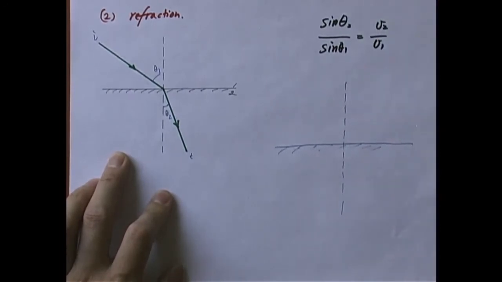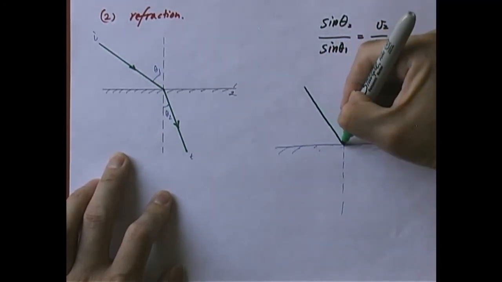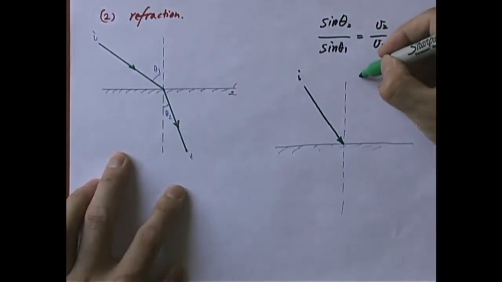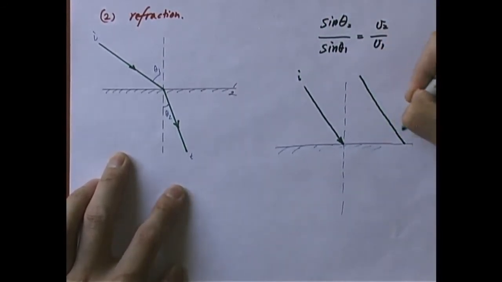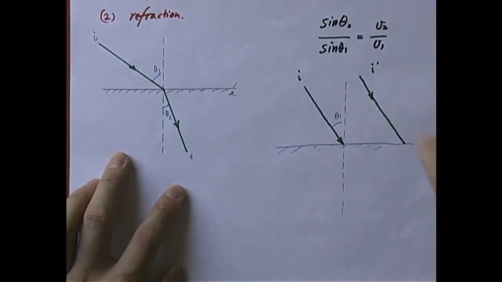And we're going to draw, again, a set of parallel light rays coming in, incident light rays. Here is one incident beam, I, and here is a parallel one, I prime. I and I prime are parallel to each other, and this angle, as you know, is theta 1.